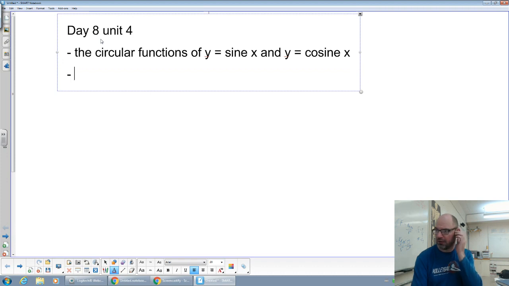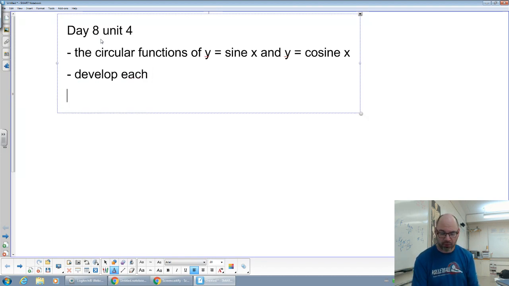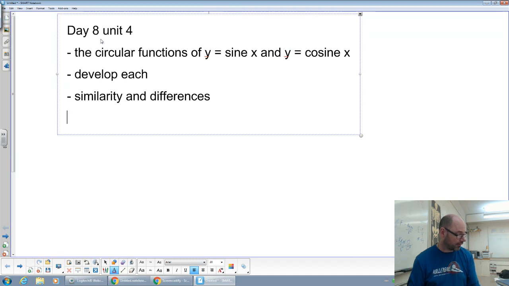We're going to look at how you get or develop them, and then the similarities and differences. Then we'll be looking at shifts and things like that after.